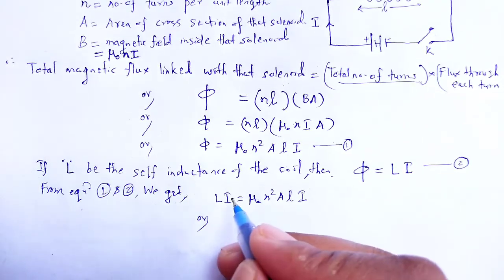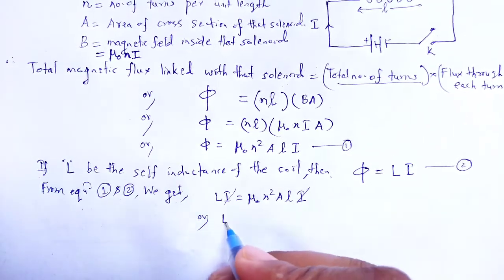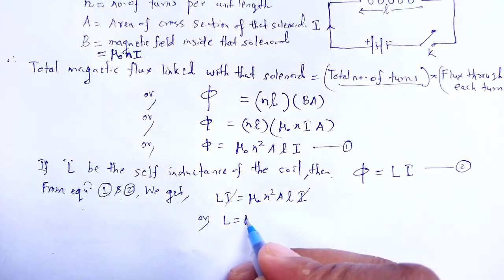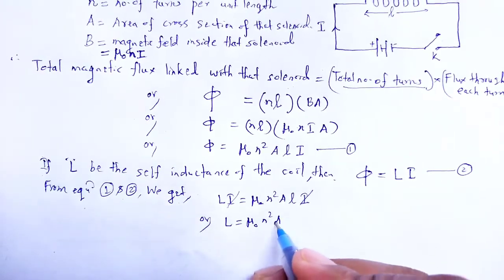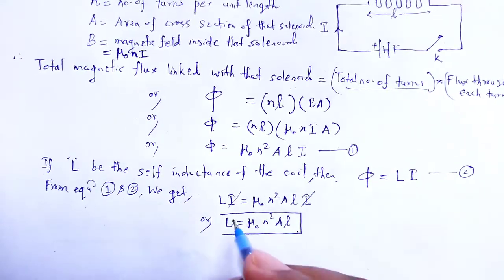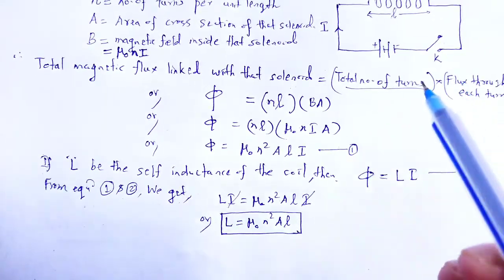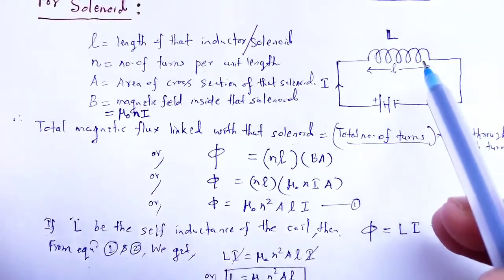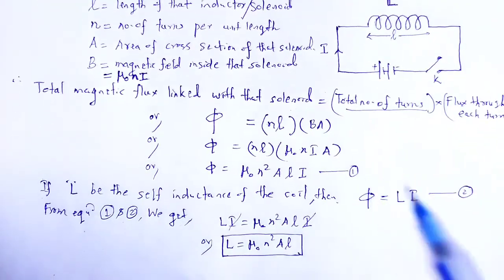Therefore i cancels out, so L is equal to mu naught n square A into L, that is the self inductance of the solenoid.